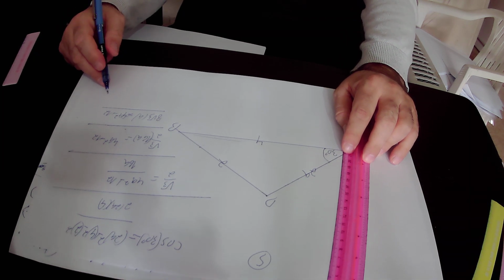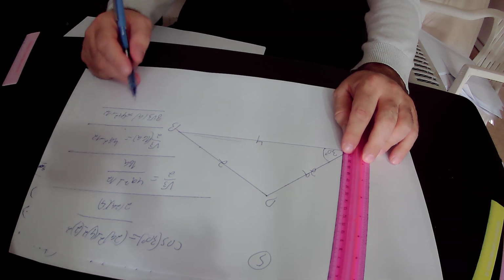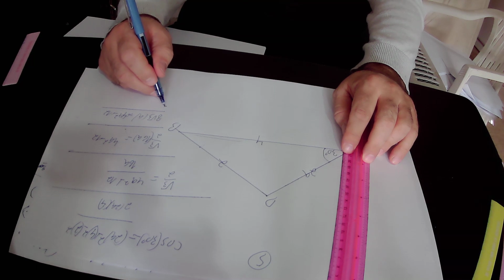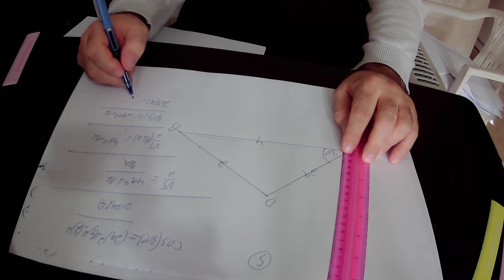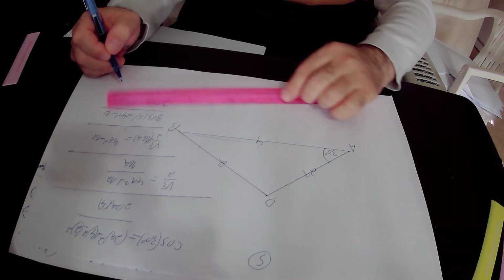Here we divide this equation by 4: 8 over 4 is 2, so 2 times square root of 3 times A equals A squared plus 3.